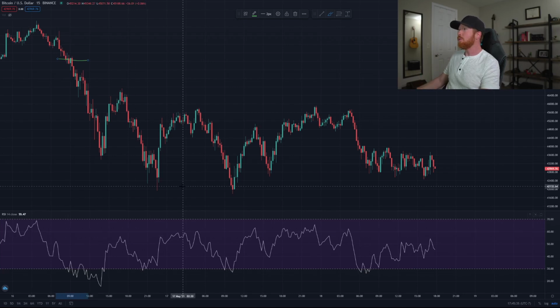Let's go along and mark these here. We got one right here, as soon as it drops under 30. Right about here as well, and we got one over here too. Now these are rough approximations. It's not exact, of course, but the concept applies.